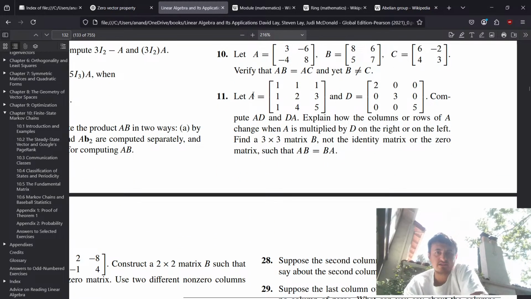All right. Number 11, compute AD and DA.